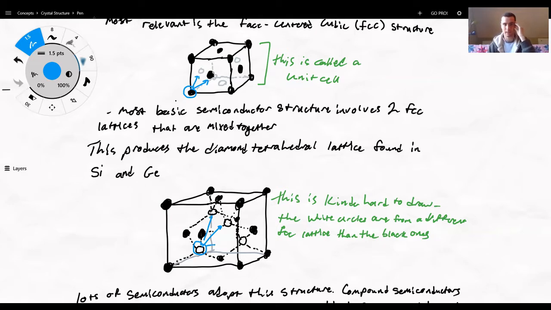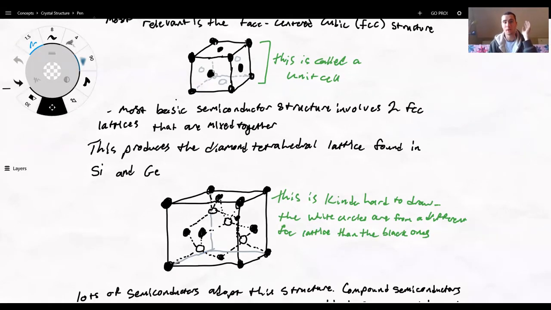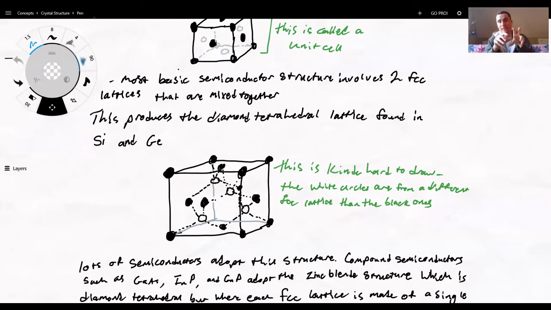And then from here to here is from here to there. Hopefully that helps you see it a little bit better, where the corner of one of the FCCs is inside the other one. It's a little tricky to visualize, so don't worry if it's too complicated. You just need to know that there are 2 FCC lattices in here.